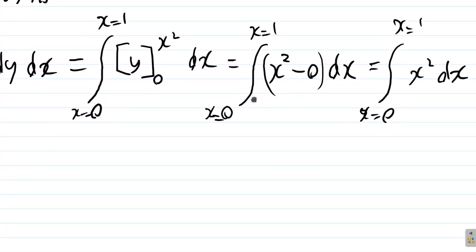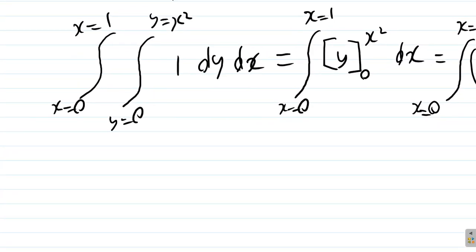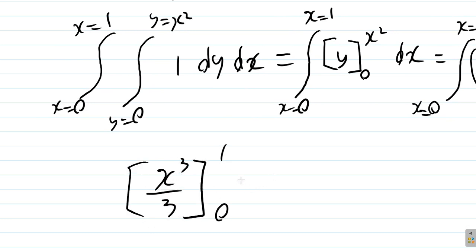When we integrate from x equals 0 to x equals 1 of x squared dx, what we have is x cubed over 3 from 0 to 1. So when we put in the boundaries, you get 1 cubed over 3 minus 0 cubed over 3.